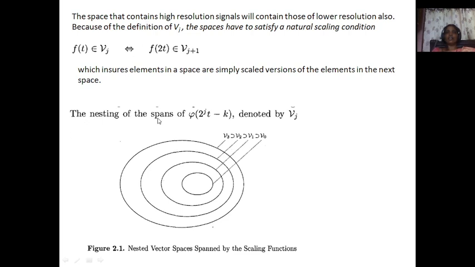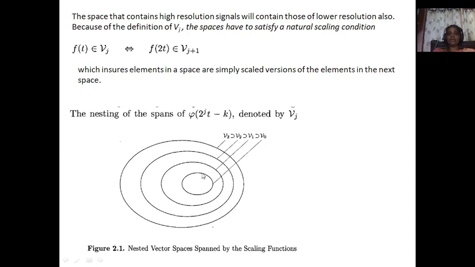The nesting of the spaces of phi of 2 power j t minus k is denoted by Vj. See this diagram, nested vector spaces spanned by scaling functions. The first one we form is V naught, then along with some other translated versions of these functions we form V1. That means V1 is a superset of V naught, or V naught is a subset of V1.